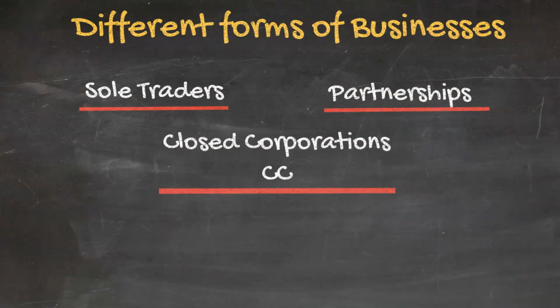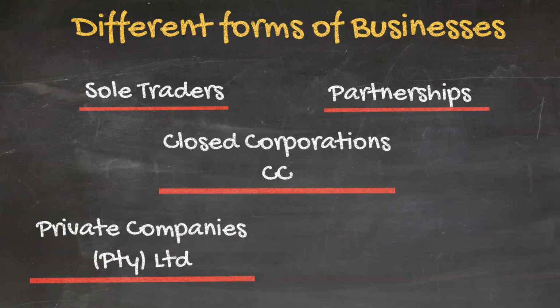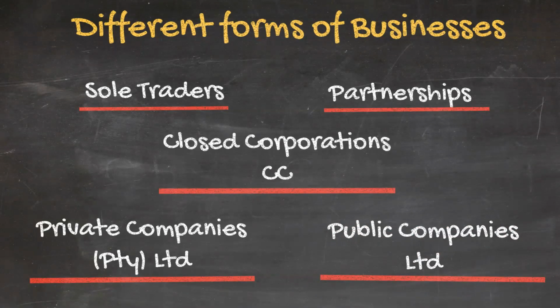However, the formation of new CCs is no longer allowed in South Africa. Private companies, where the company name ends with the words proprietary limited, in short, Pty Ltd, and then also public companies, with the company name ending as limited, in short, Ltd.